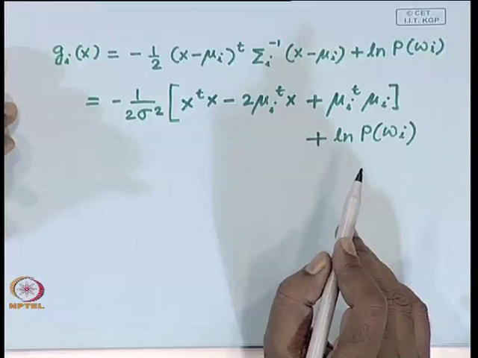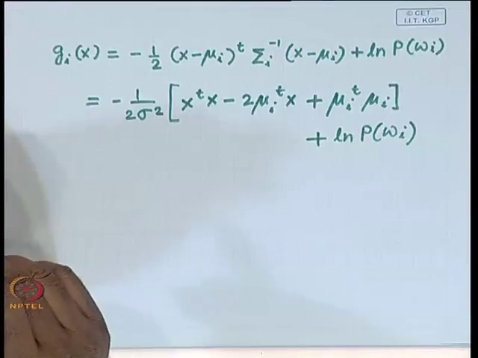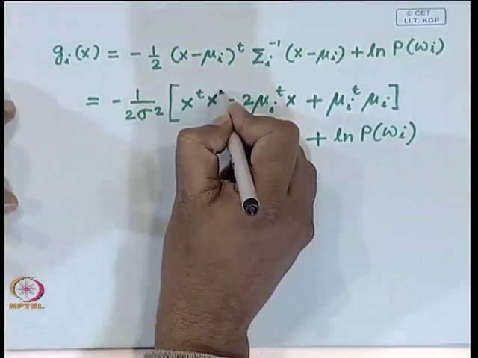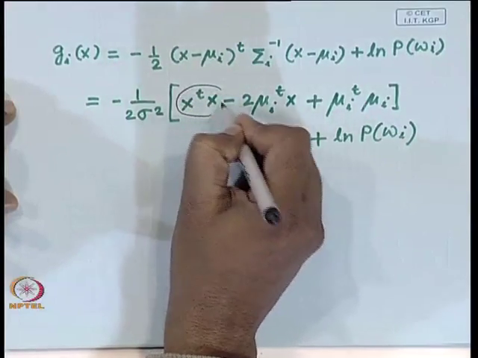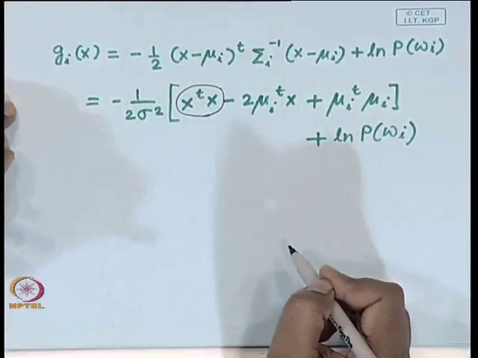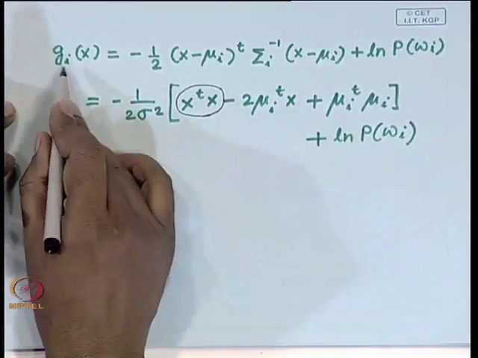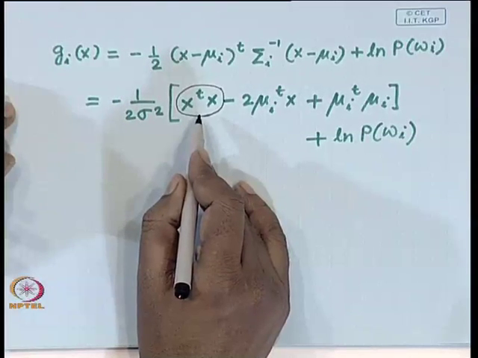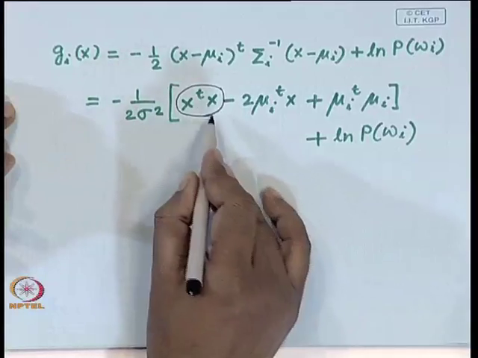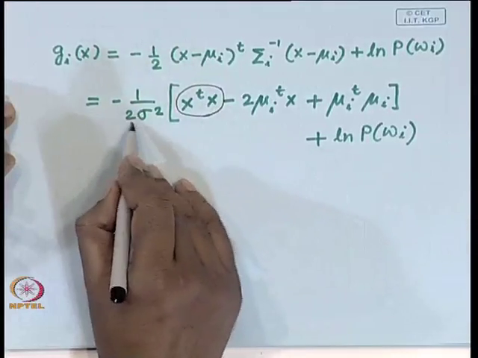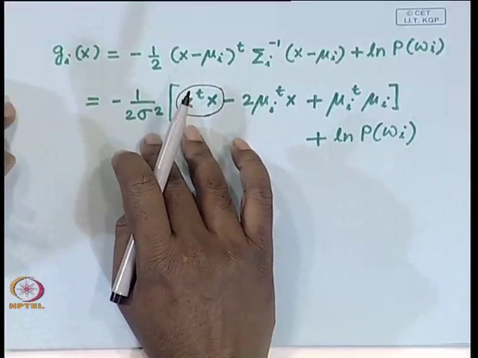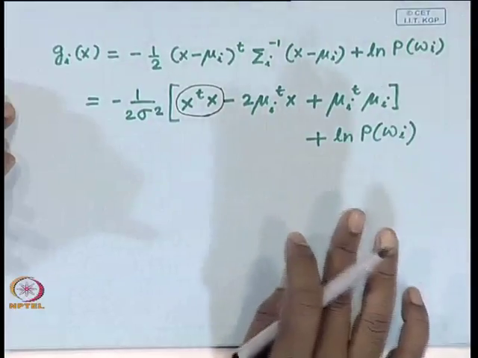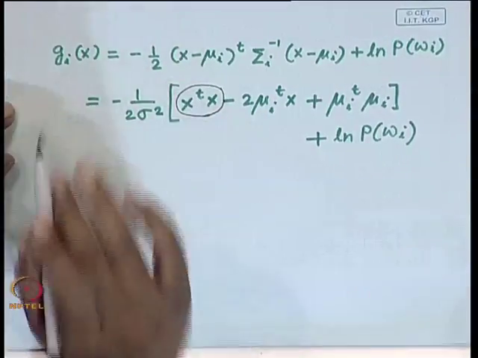Now, again here you find that the first term within the bracket, that is xᵀx, is also independent of class. For all values of i, in all the discriminant functions g_i(x), the same term will be present. And σ² being the same for all the classes, this term xᵀx upon 2σ² also becomes a redundant term. It is not really deciding to which class this x will belong. So, I can also ignore this term from the discriminant function.